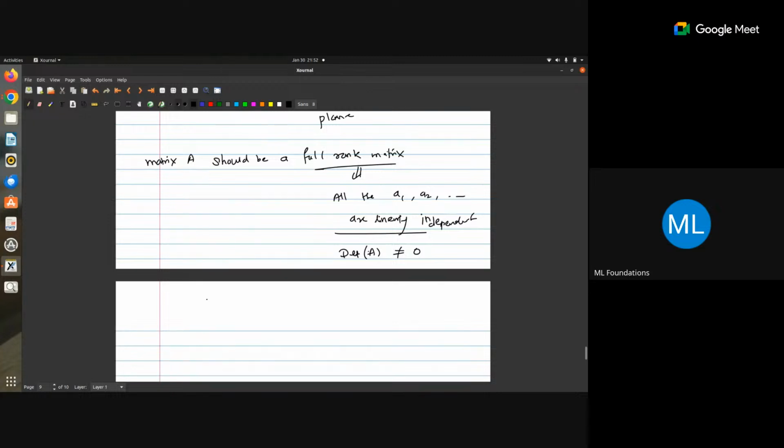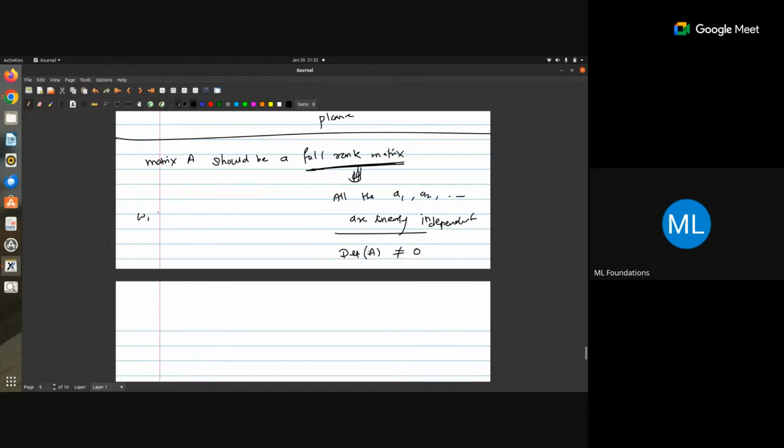So matrix A is a full rank matrix when all these vectors are linearly independent.